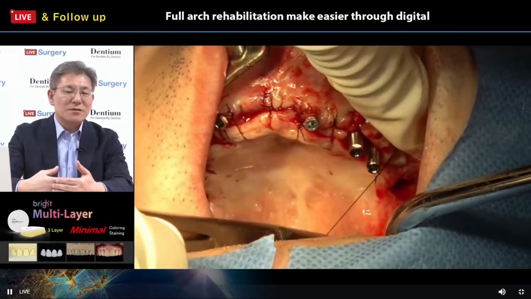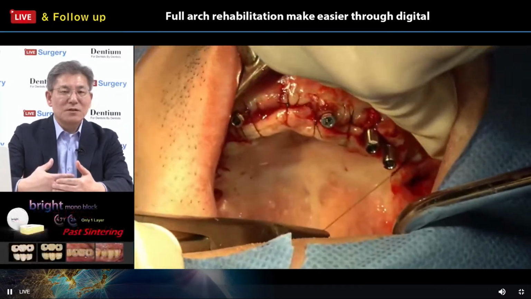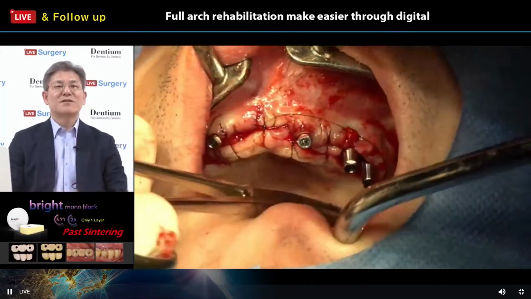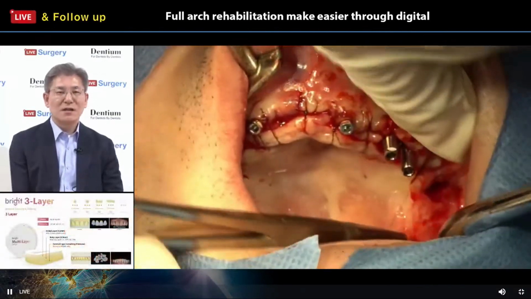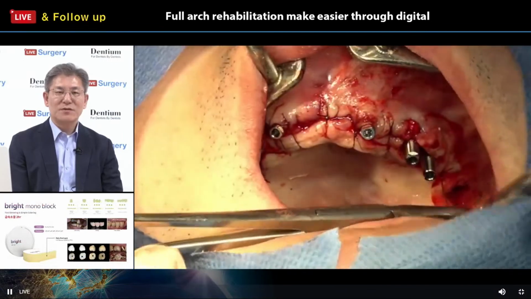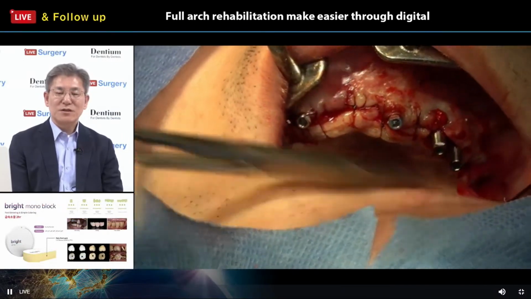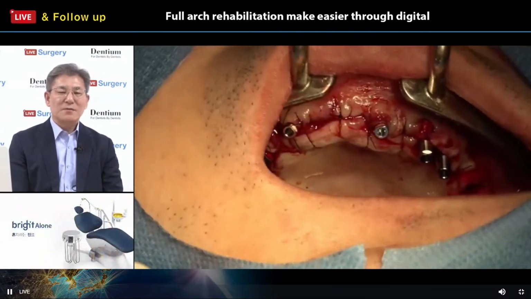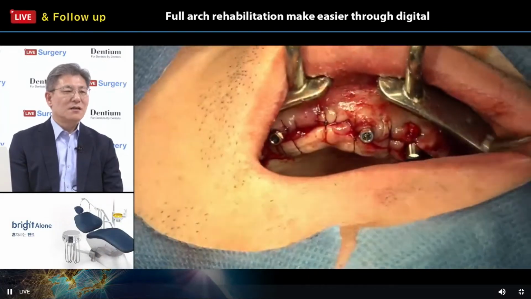Actually, before the surgery, we have some study of the digital information, the procedure for getting proper positioning, and the final processes, right?